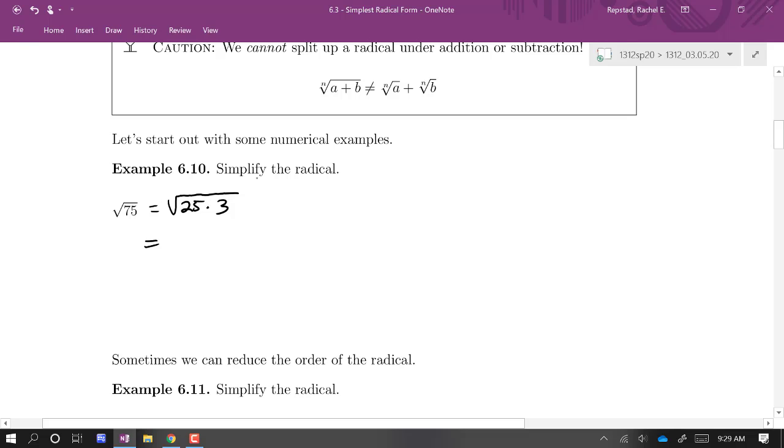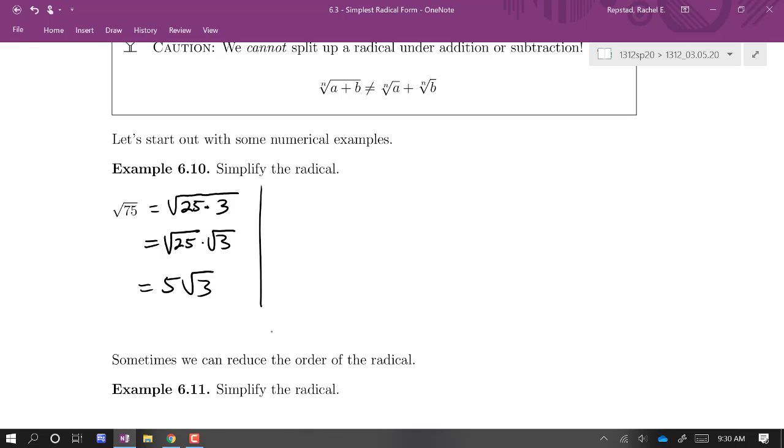I'm choosing to factor it this way. And then I can split up a radical over multiplication. So I've got root 25 times root 3. And of course, square root of 25 is 5. We end up with 5 root 3. That's nice. It kind of relies on us saying, what's the useful way to factor it? Instead of factoring it as like 15 times 5 or something like that.